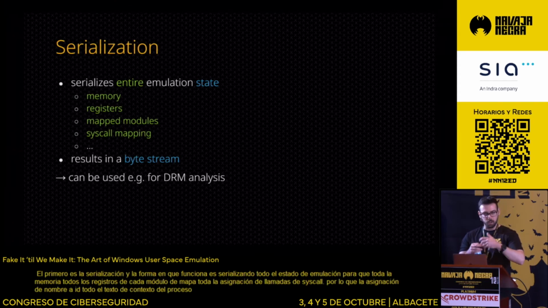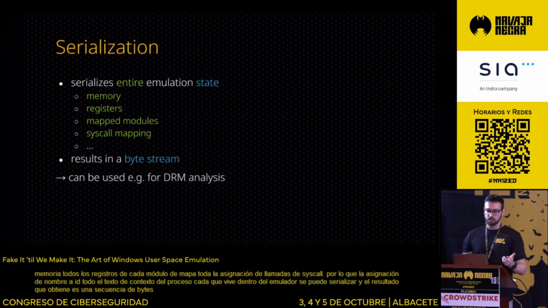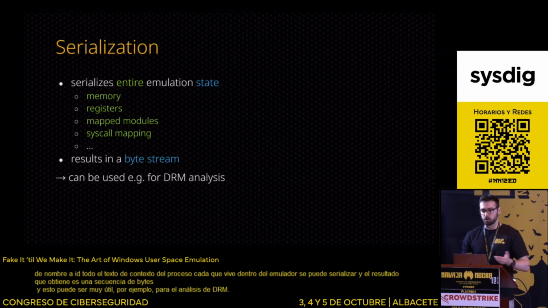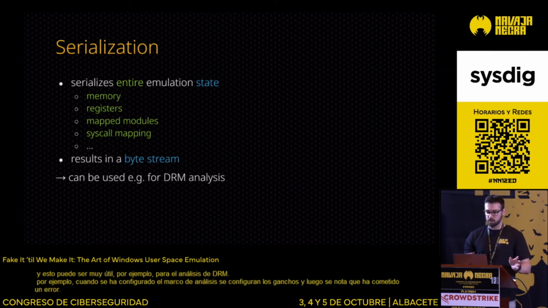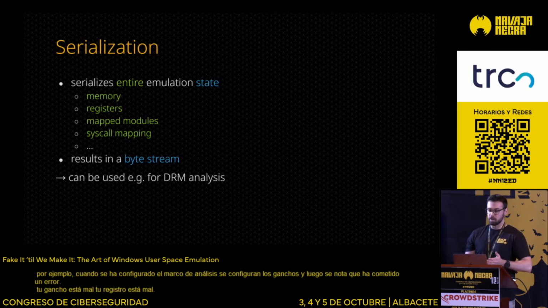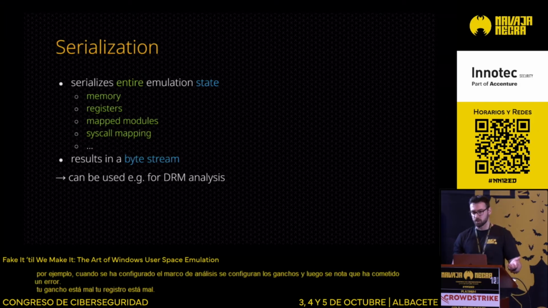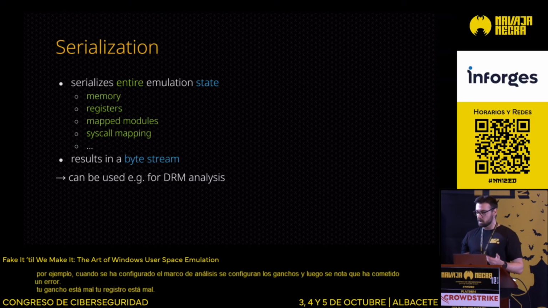For example, when you've set up your analysis framework, you set up your hooks, and then you notice that you made a mistake, your hook is wrong, your logging is bad, then you just store your current state, the current state of the emulation, you get your byte stream, you adjust your framework, you recompile everything, and start up the emulator, and you can just restore the state using that byte stream, and you're back at where you were, without having to run everything again, because depending on how big your application is, for example, modern games can be half a gigabyte, and emulating those can be slow, and being able to restore the state while adjusting the framework can be very helpful and speed up the analysis process a lot.